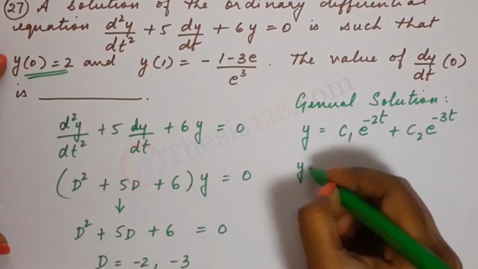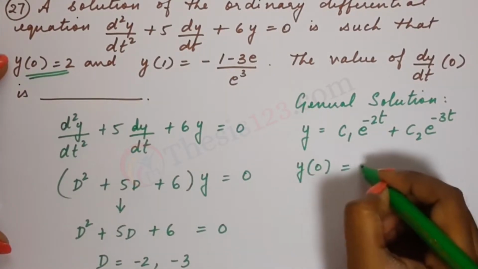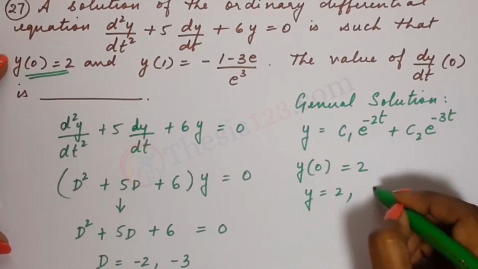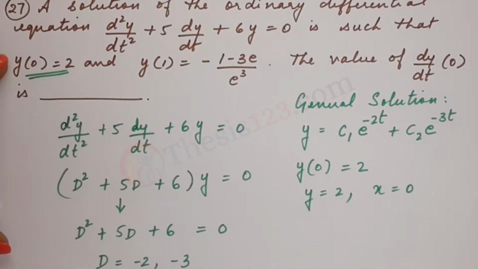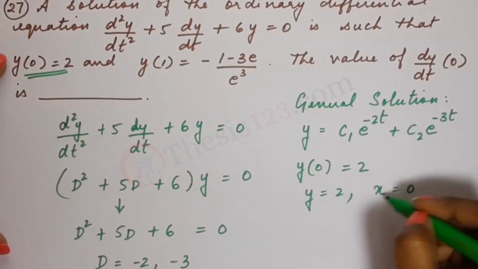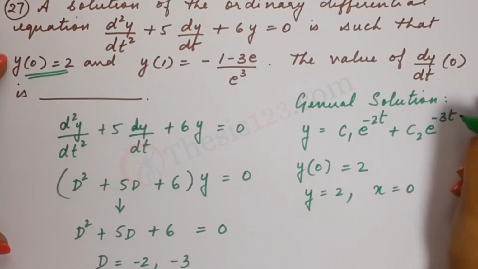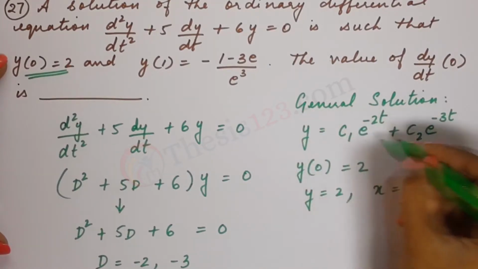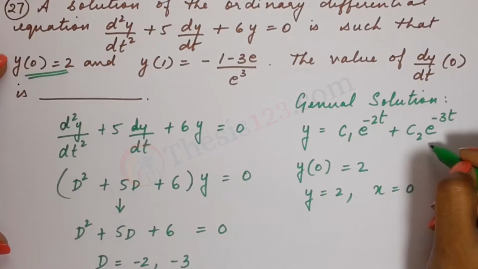If y(0) = 2, that means y = 2 and t = 0. So let's substitute these two values into the equation here. If we substitute these two and solve, we'll get an equation in terms of c1 and c2.